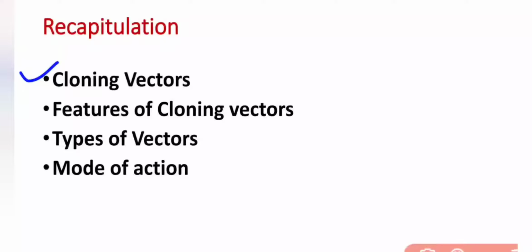Then we have done the features of cloning vector, like cloning vectors must have the origin of replication, due to which they are able to replicate and also help the gene of interest to replicate, to make its own copies. Then it must have a selectable marker site, which may be the antibiotic resistance gene site.